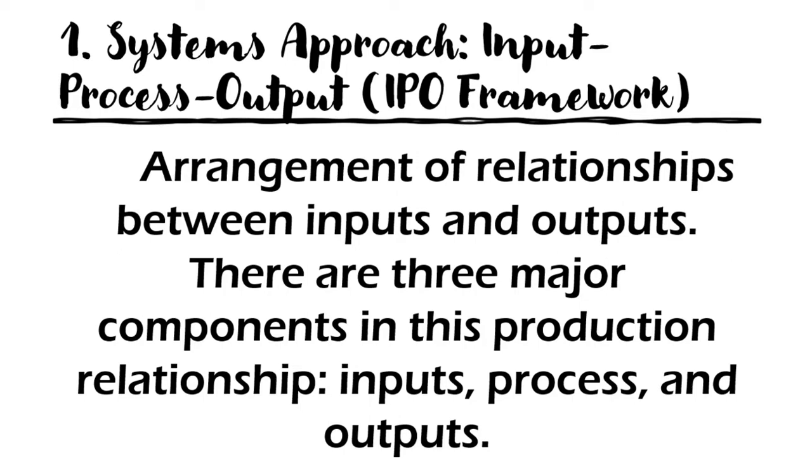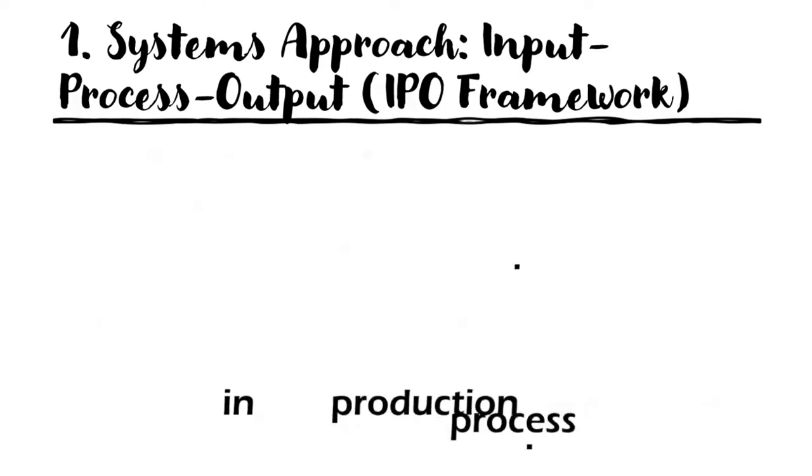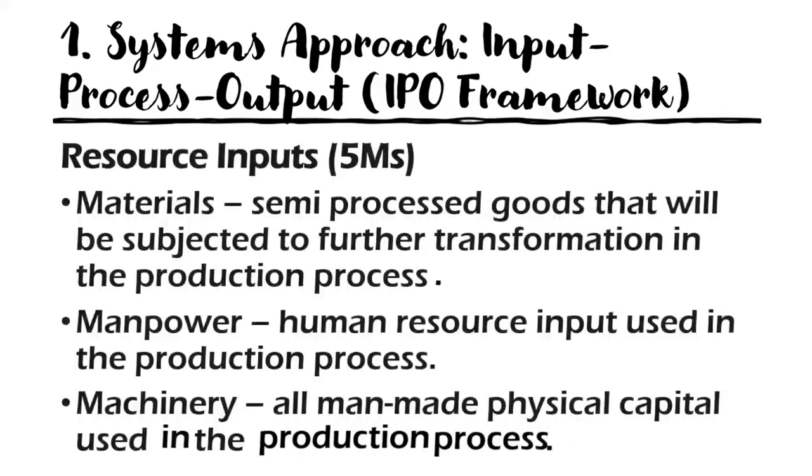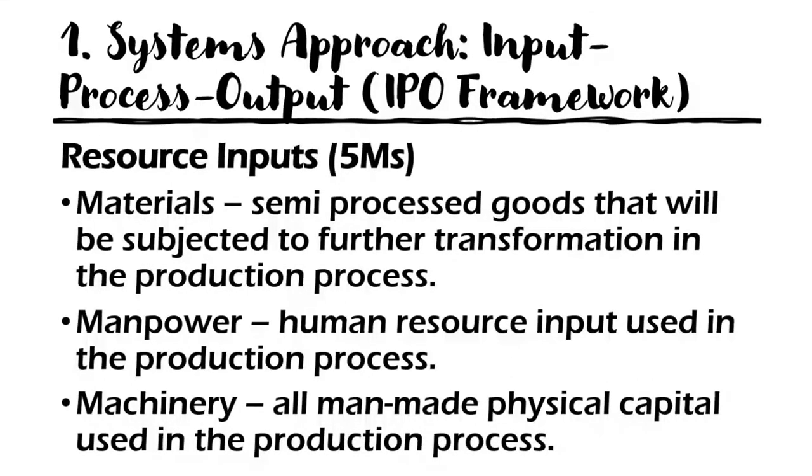Unahin na natin yung input. So we have 5 resource inputs. So yung tinatawag natin na 5 M's. First is the materials. So semi-processed goods that will be subjected to further transformation in the production process. So for the materials, basically ito yung mga raw materials na kinakailangan sa pag-produce ng isang product.